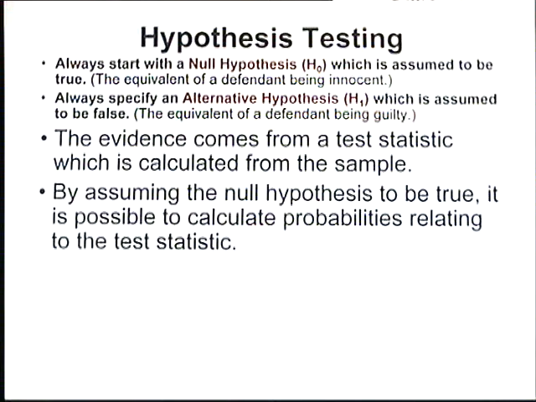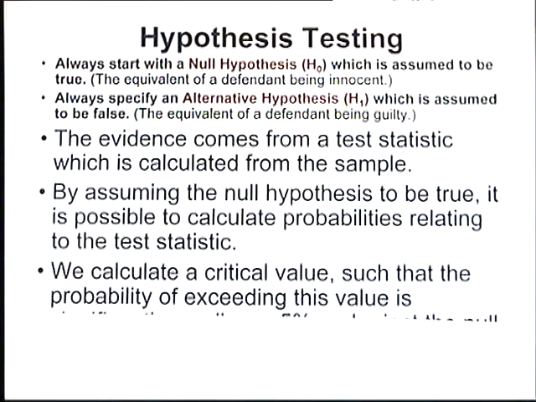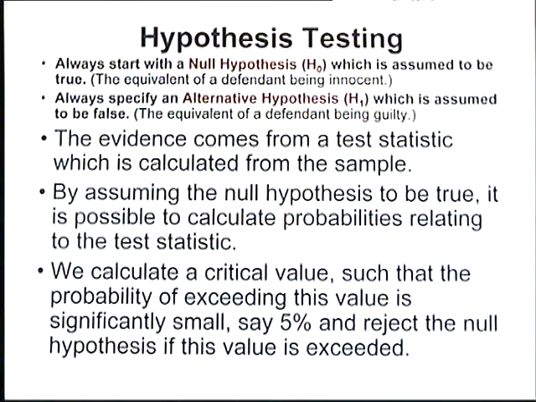And by assuming the null hypothesis to be true, which is where we're starting from, it's possible to calculate probabilities relating to that test statistic. And we calculate something called a critical value, such that if the probability of exceeding that value is significantly small, if it's significantly unlikely to have happened, then in that case, we'll call them guilty. Okay? And you'll see that happening later on.